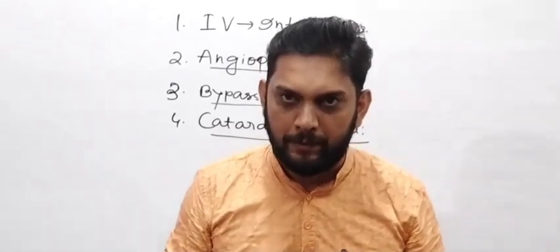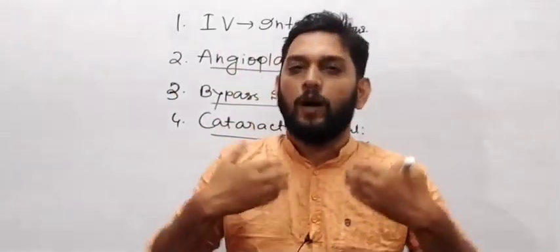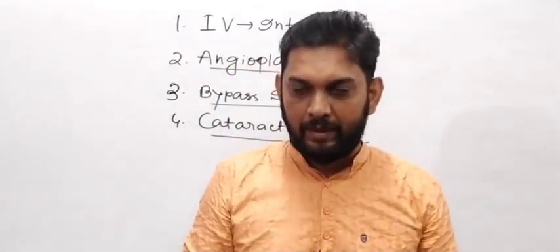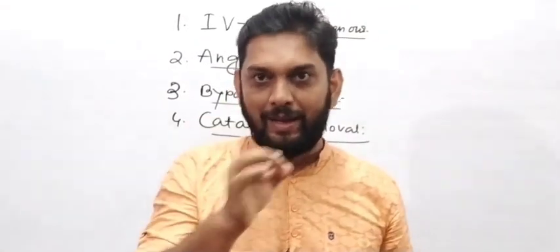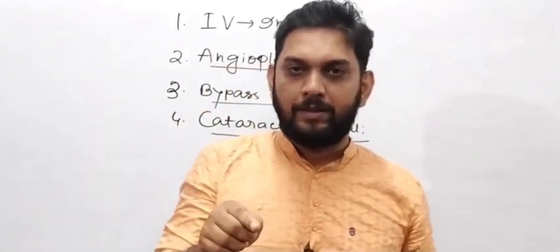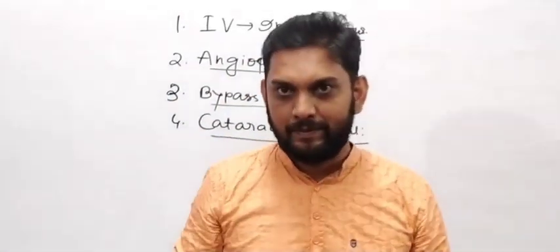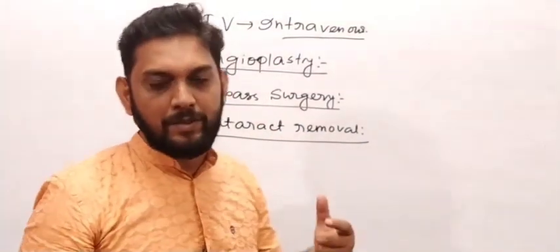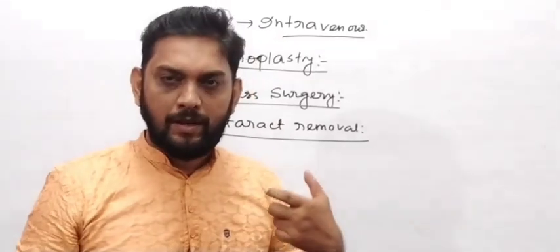Cataract removal means, my friend, it is also a surgical procedure, or I can say operation or a treatment, to remove the cloudy lens of the patient's eye and replace it with an artificial lens. I repeat, cataract removal means it's a surgical operation or a treatment.